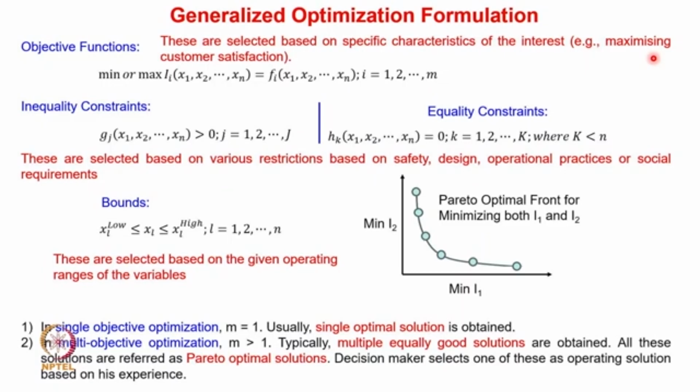Whenever such multiple objectives are there, instead of getting a single solution, we get a set of multiple equally good solutions like this, and all these equally good solutions we refer to as Pareto optimal solutions. So we will see more details on these as we go ahead, and one has to select one of the operating solutions out of these equally good solutions in the plant.